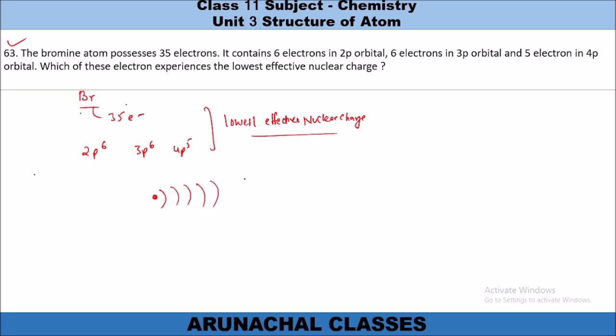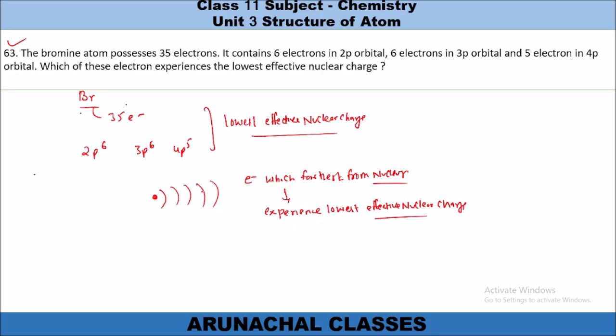Whatever electron is farthest from the nucleus will experience the lowest effective nuclear charge.